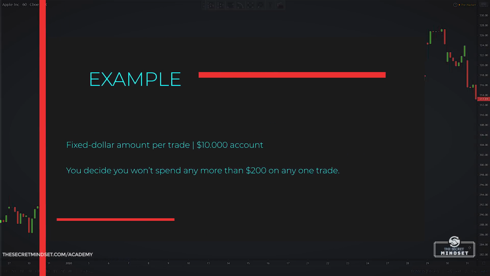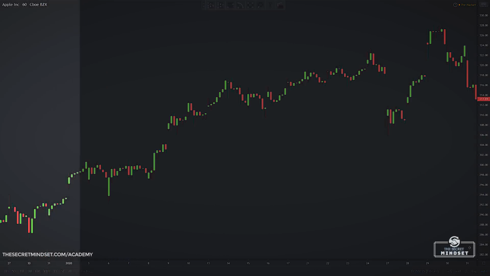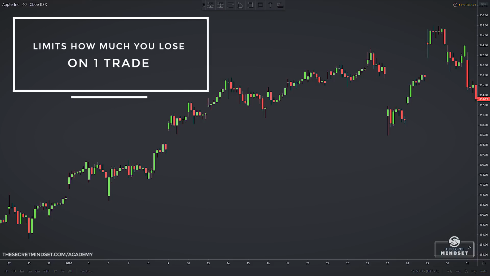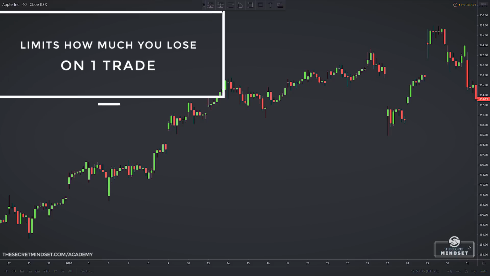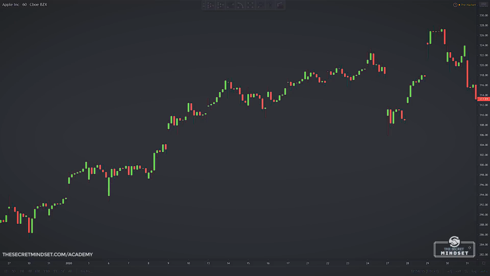For traders with small account sizes, this can be an attractive approach because it limits how much you can lose. However, it also limits what stocks you can buy. You will have to rule out some securities based solely on their price. Of course, this is not necessarily a bad thing.